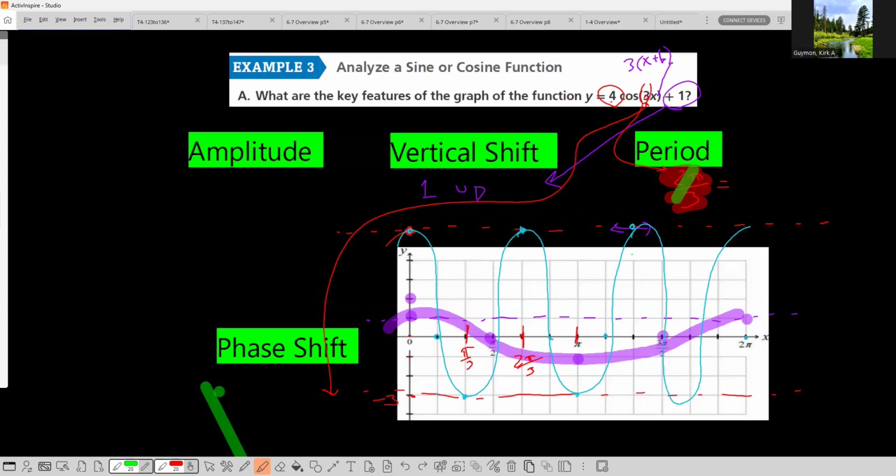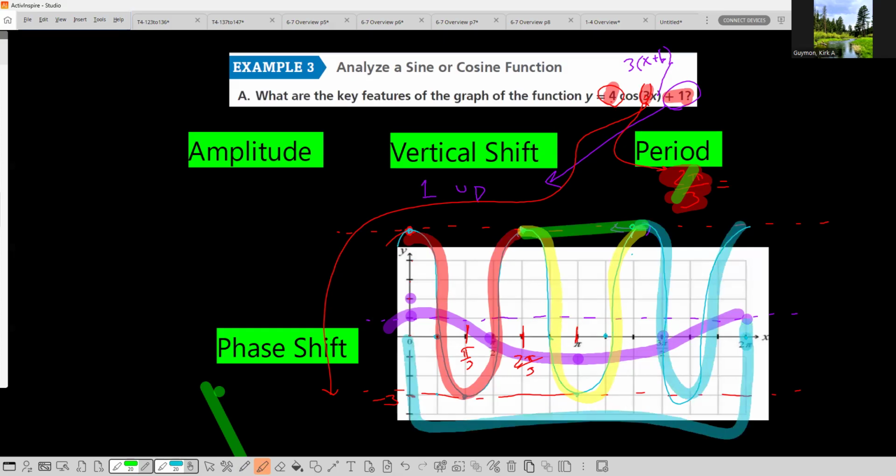The frequency being the 3, amplitude being the 4, and the vertical shift being 1 up. So there was 1 of the frequencies right there, 2, and lastly 3 in our normal 2 pi period.